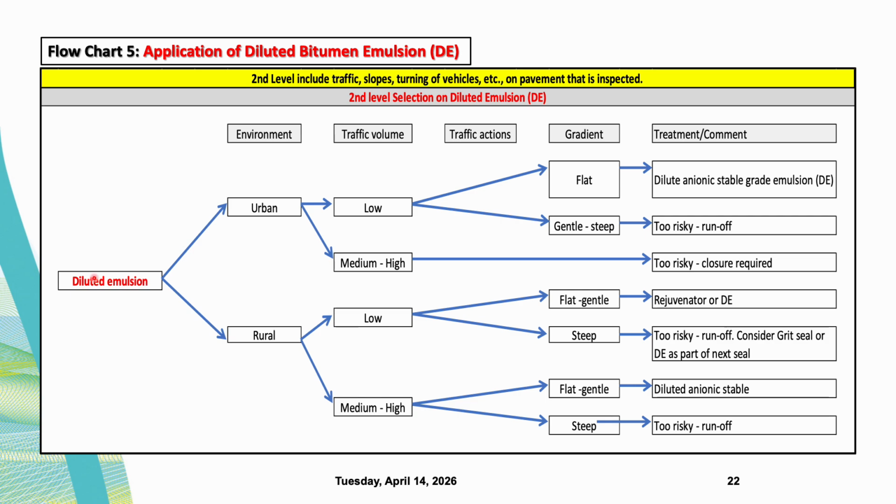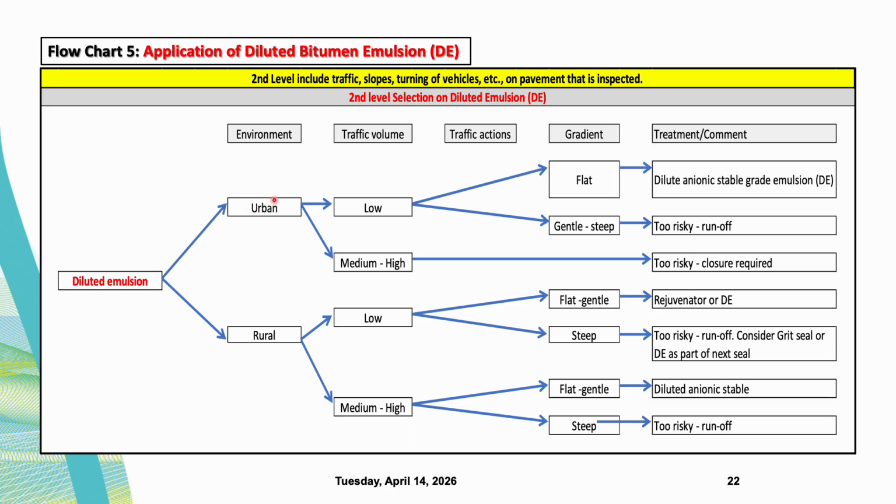It gives you an emulsion if you stir it, and then it can be used very effectively in the urban environment as well as in the rural environment. The reason why it's diluted is that it will go from the top of the seal through the aggregate to possibly the top of the gravel base layer.